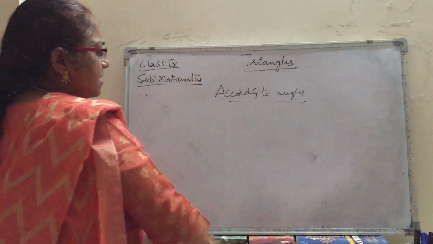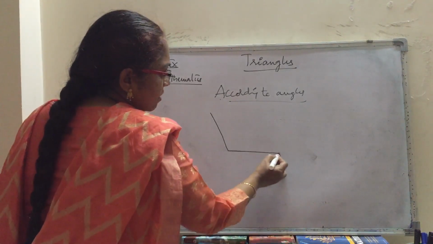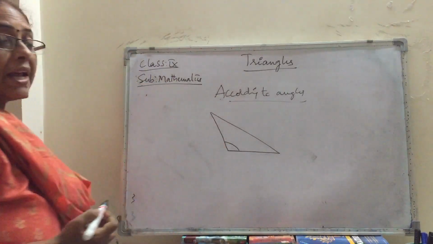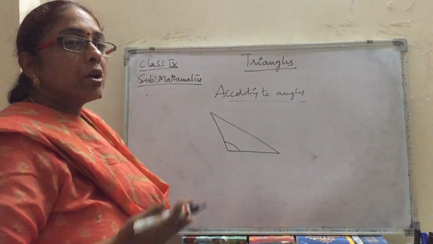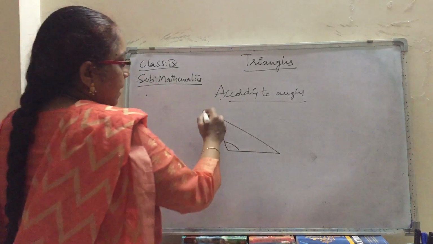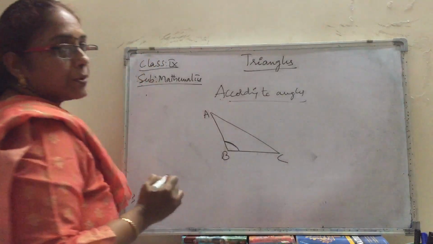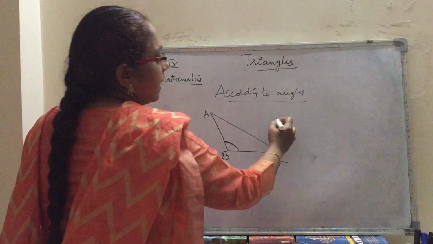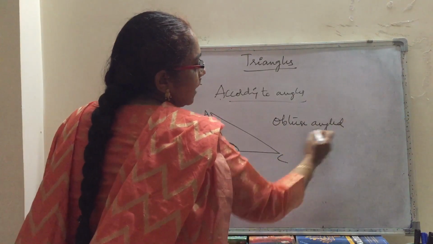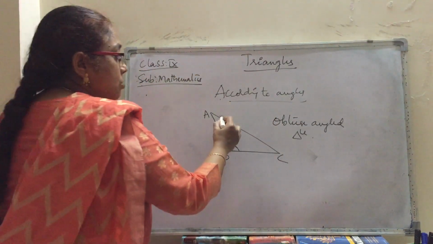And the next one is a triangle in which one angle is obtuse. Obtuse means more than 90 degrees, less than 180 degrees. Okay. If one angle is like that, see, here this angle B is an obtuse angle, then it is called an obtuse angle triangle. One angle is obtuse. Then what about the other two angles?